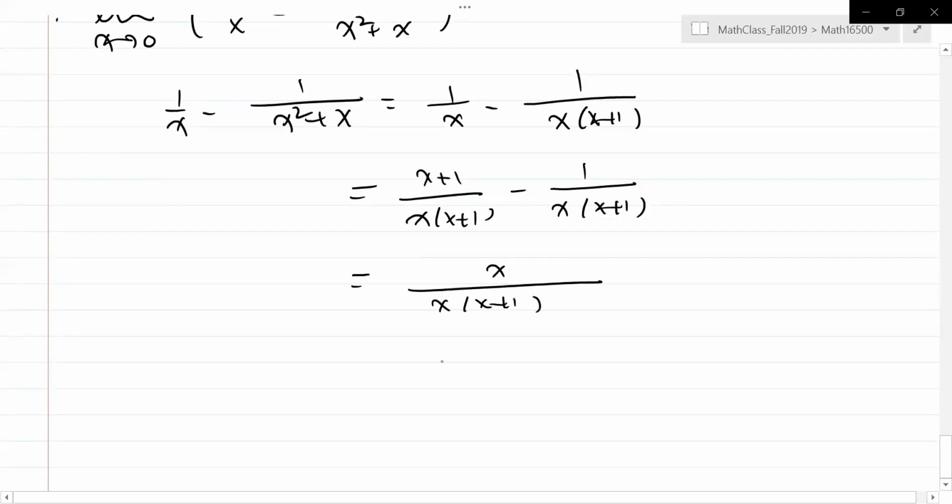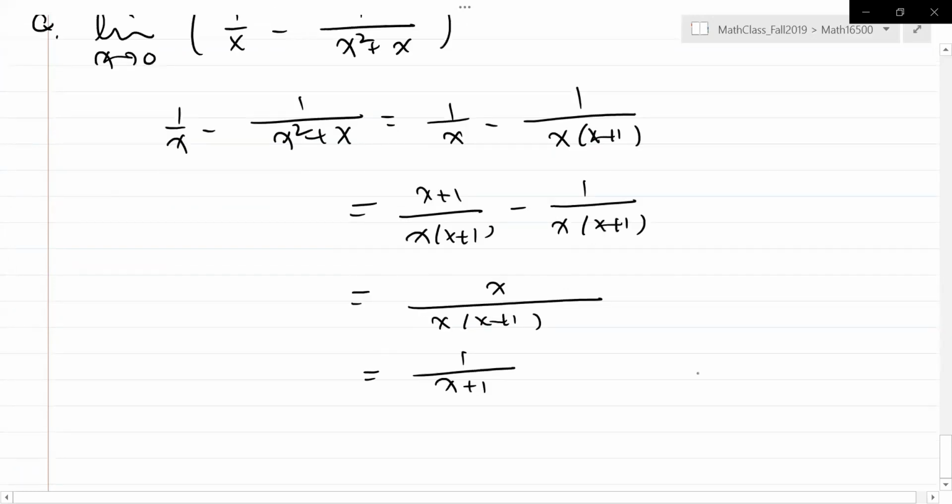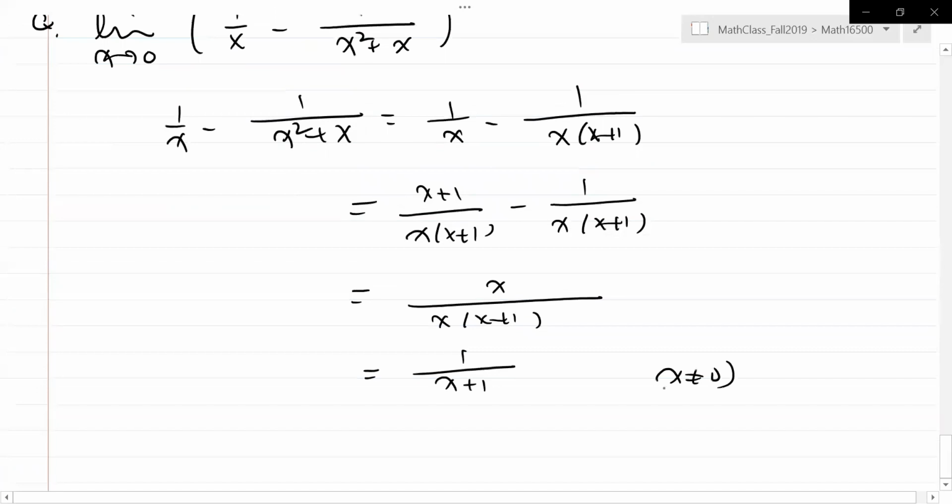So the denominator is x times (x plus 1). But you're surprised, the numerator is x and the denominator has x, so they cancel out. And you get a very simple expression, which is 1 over (x plus 1). This holds when x is not 0.